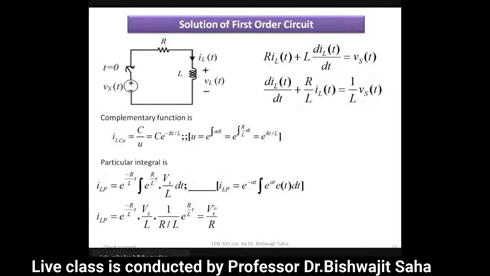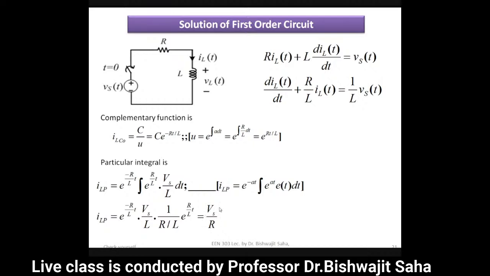So ILP becomes Vs over R. Understand? That means the particular integral, as I mentioned, says the physical problem's steady state. So in steady state, the current will be Vs by R.